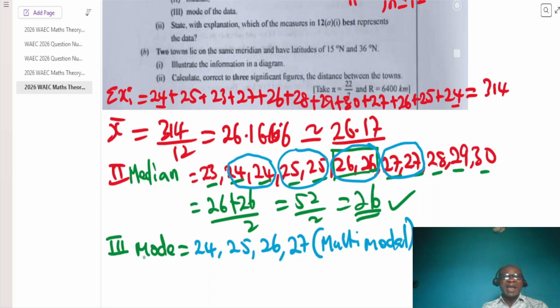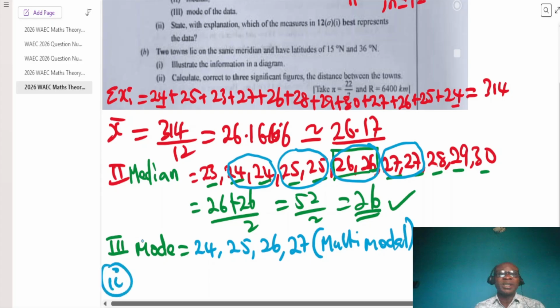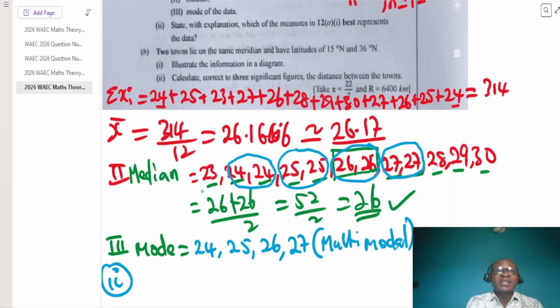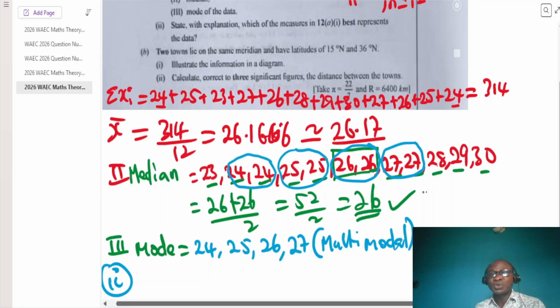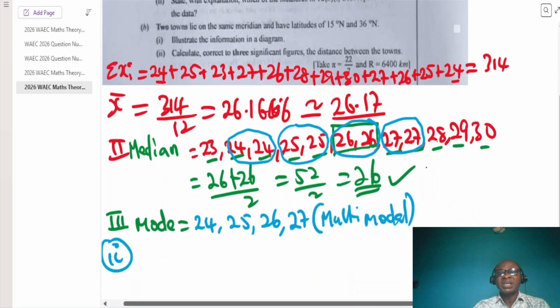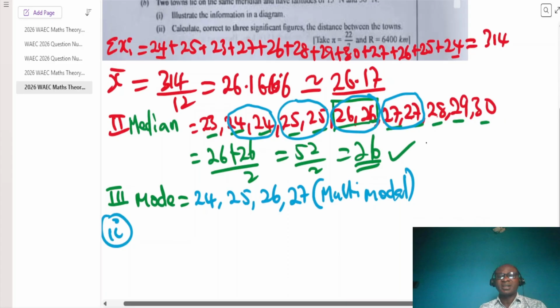So we have completed question I1, I2, and I3. Let's go to question II. The question asks us to state, with an explanation, which of the measures in 12AI best represents the data. Two things are happening here. The best measure would have been the mean. But the value we got from the median is almost the same as the mean.